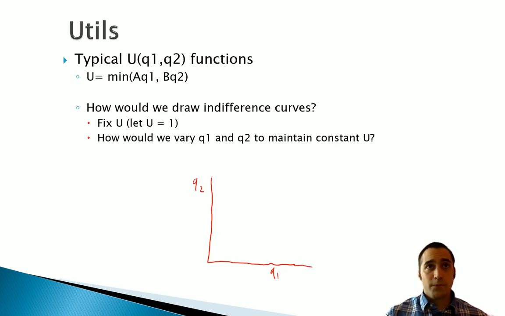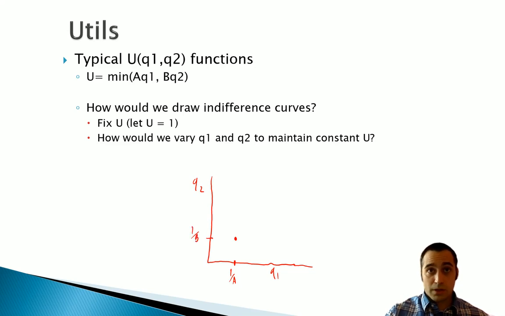So, first off, let's do the easiest thing. How can we easily find a point that has 1 util? Well, if we have 1 of a times q1, that seemed to me like we'd be here at 1 over a. And similarly, we'd be here at 1 over b.